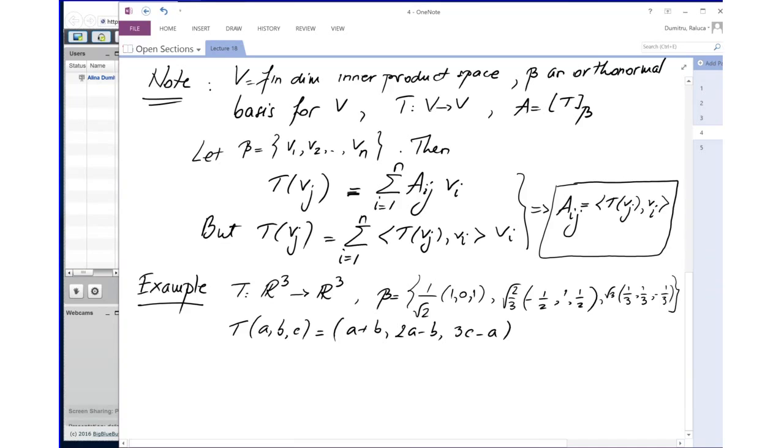And we want to find the matrix of T in that ugly basis beta, right?